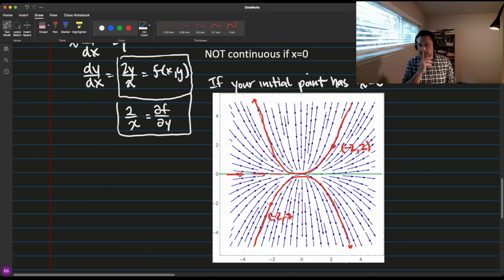But what happens if the x value is 0? If the x value is 0, you can actually see that if you follow it, they're just pointing straight down like this.